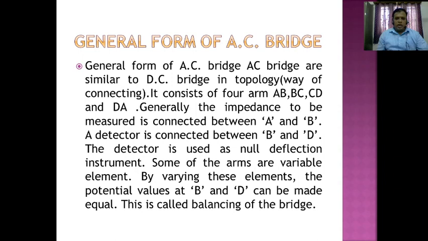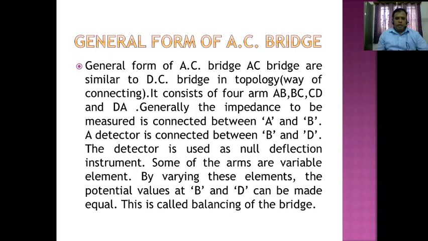That means that some arms in the bridges, there are four arms in the bridges, one arm is having, suppose, a variable element, other arm does not have the variable element likewise. So by varying these elements, the potential values at B and D can be made equal.